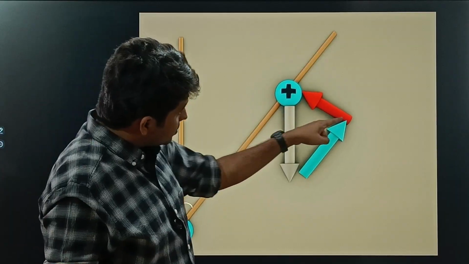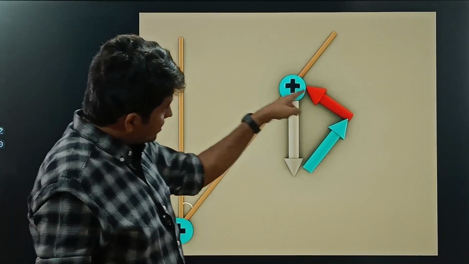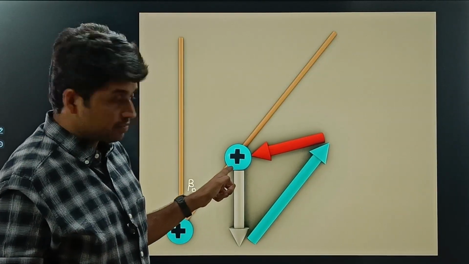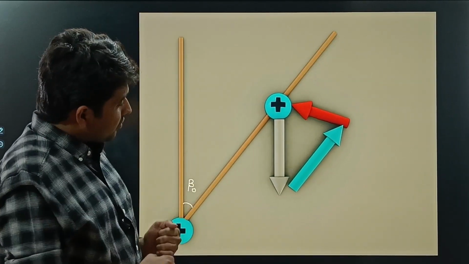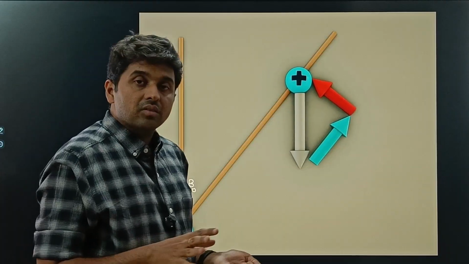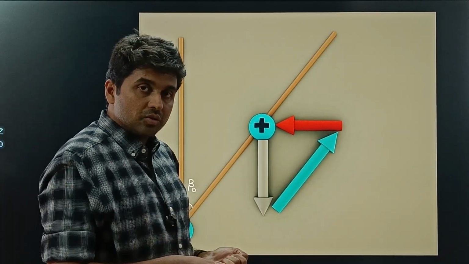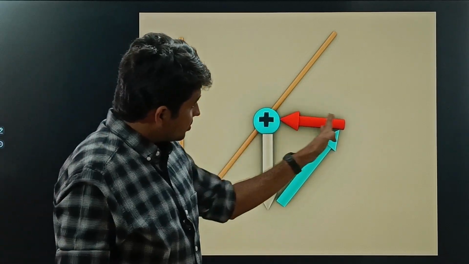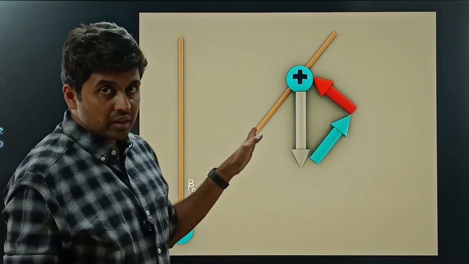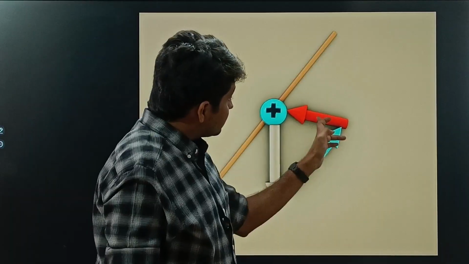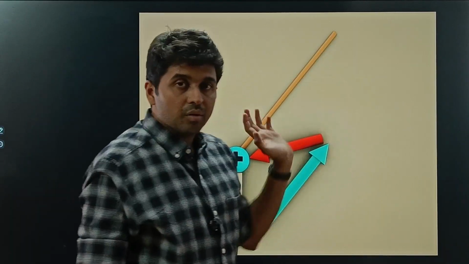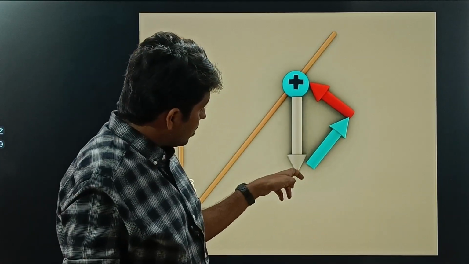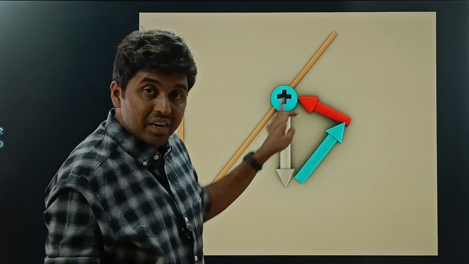Next, you see, this is friction. Friction adjusts such that this particle is in equilibrium. Okay. So what we can see here is, friction can take a range of values, right? So suppose the particle is here, and if this friction is within the range, the particle will be at rest. Suppose we move the particle and still this friction is within the range, still it will be at rest. Suppose you keep moving it very far and this becomes very small, this length is not enough to complete the triangle.